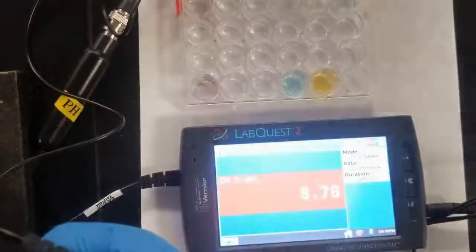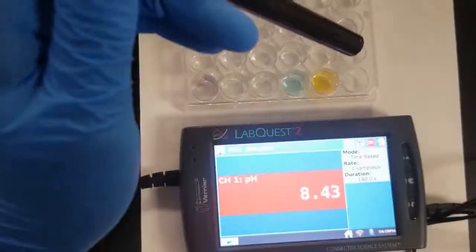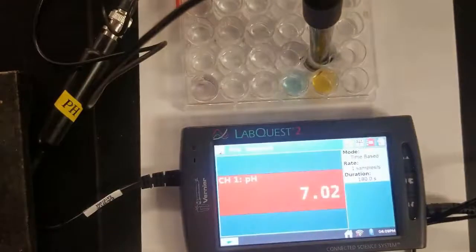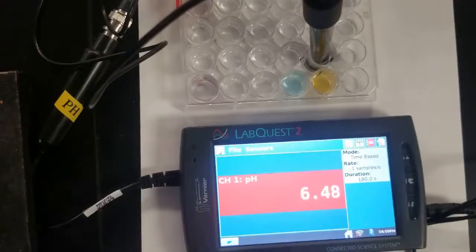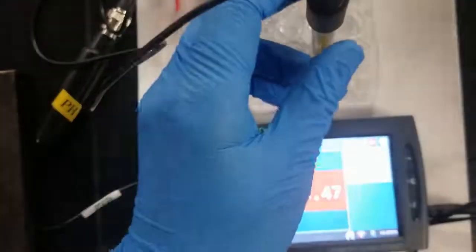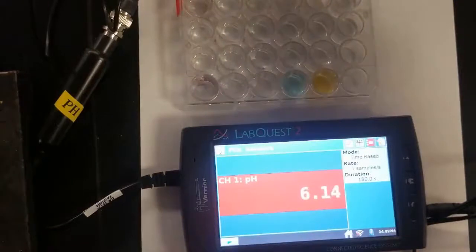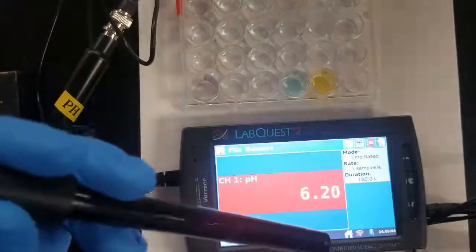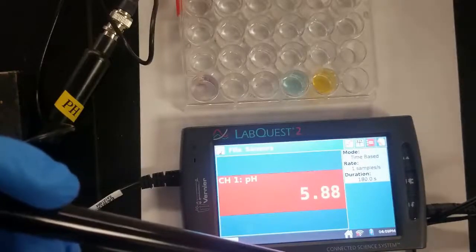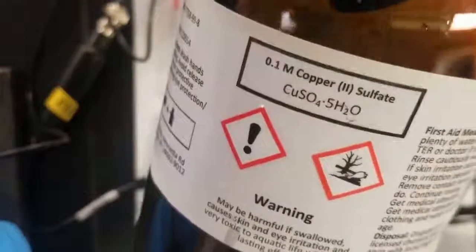Next up, we have ammonium sulfate. And so we can see here that we have a pH slightly below 7. Next up, we have copper(II) sulfate.